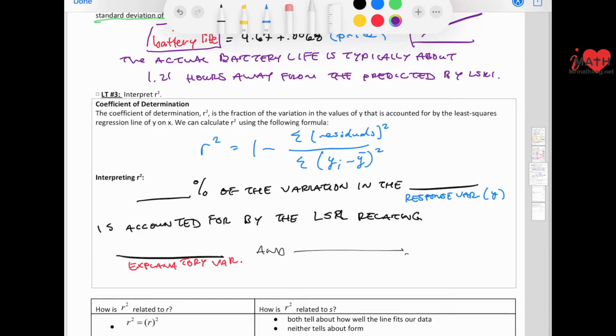And I'm just going to copy and paste here. So you're actually going to use the response variable twice here in this sentence frame. Okay? Let's make sure we have that. So this is our sentence frame.